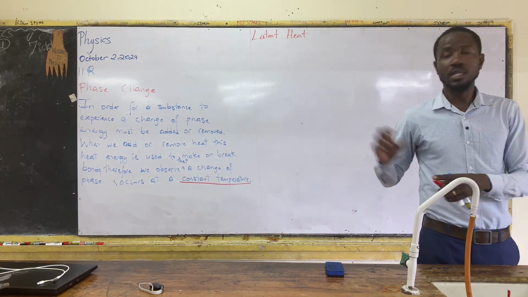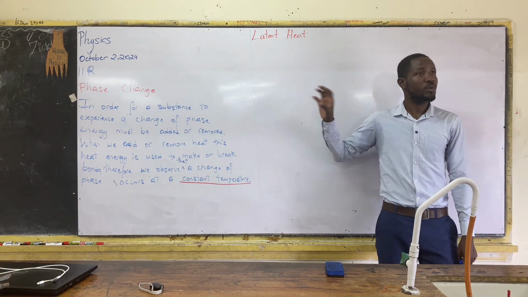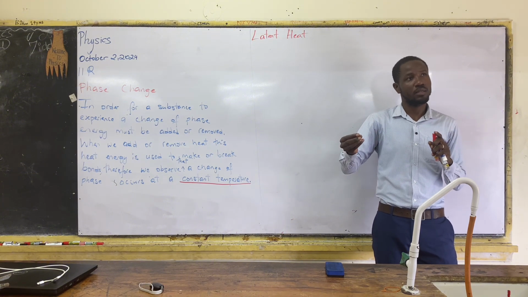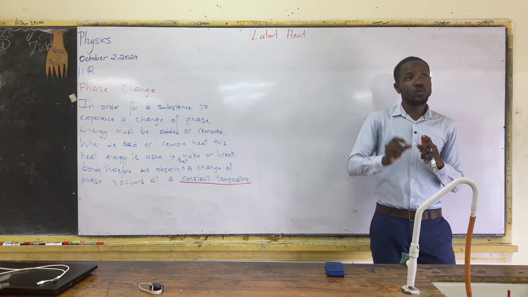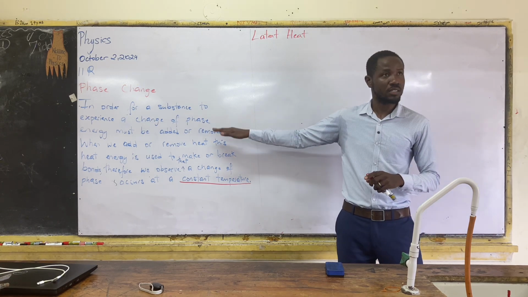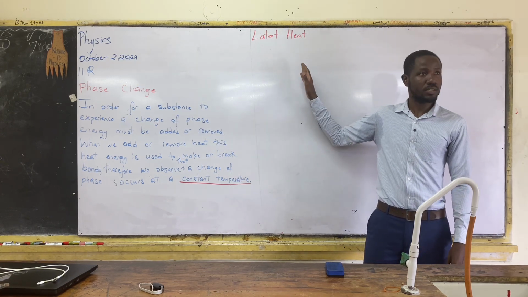You understand? Okay, so we're talking about latent heat, which is considered to be hidden heat, because it is not manifested. We're applying heat energy, but we don't see a change in the temperature of the substance. We see a change in phase. So we term it the latent heat.